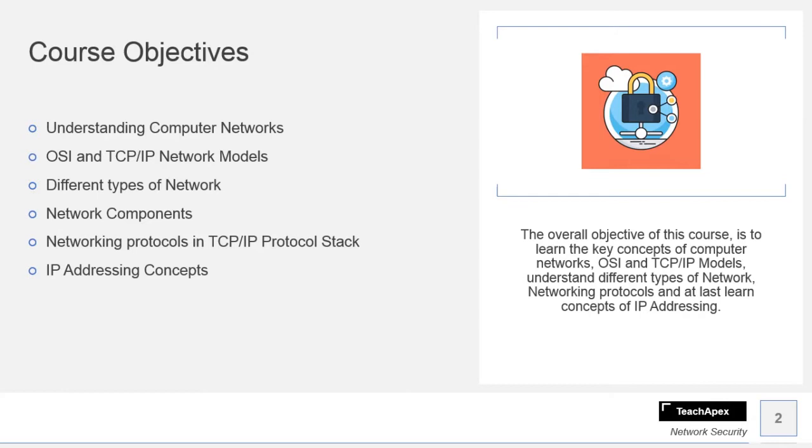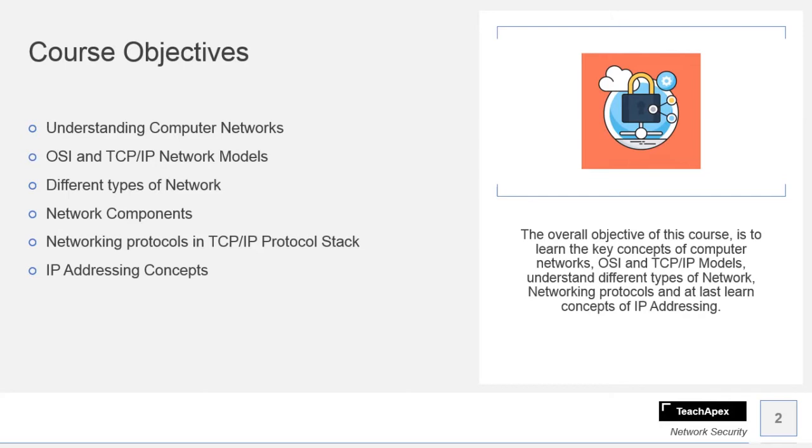Alright, basically the overall objective of this course is to gain the knowledge of the key concepts of computer network, OSI and TCP/IP models, understand different types of network, such as we will discuss local area network, metropolitan area network, wide area network, and personal area network.